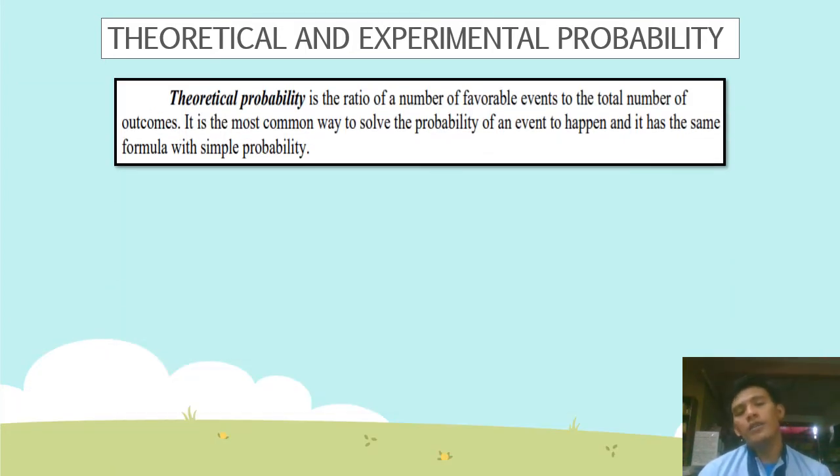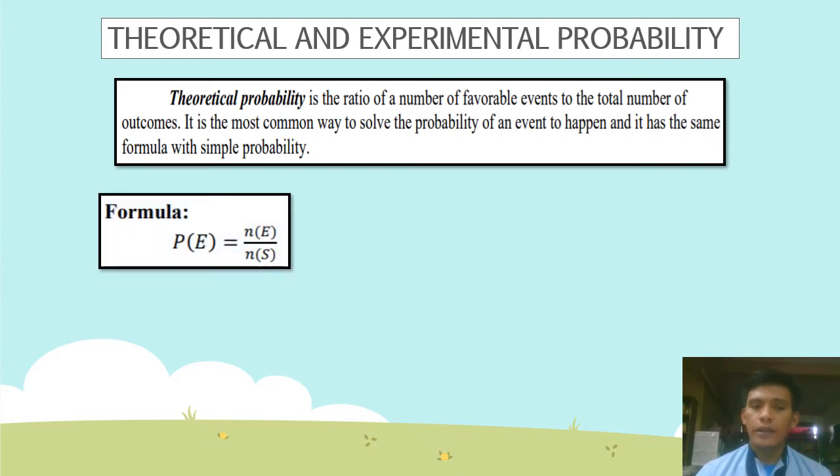Now let's go on to theoretical probability. Theoretical probability is the ratio of the number of favorable events to the total number of outcomes, or simply the number of ways divided by the possible outcomes.